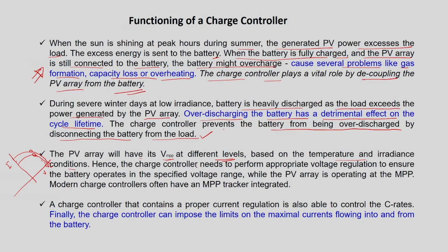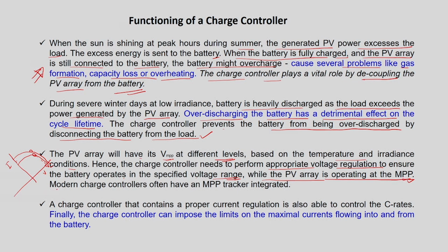Hence, the charge controller needs to perform appropriate voltage regulation to ensure the battery operates in the specified voltage range, while the PV array is operating at the maximum power point.